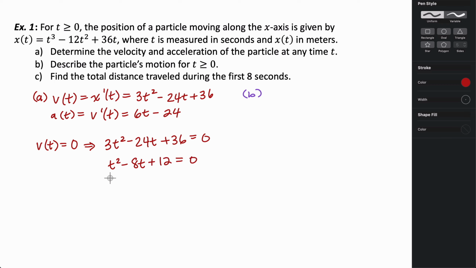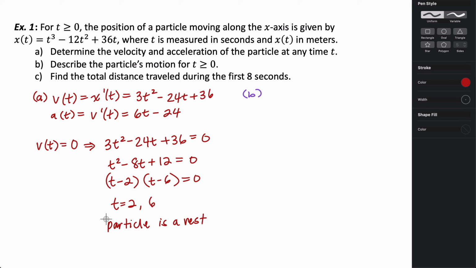Okay, so I can factor to get t minus 2 and t minus 6 equals 0. So at a time of 2 seconds and 6 seconds, my velocity is 0. So at these times, the particle is at rest. So it is not moving at those times.